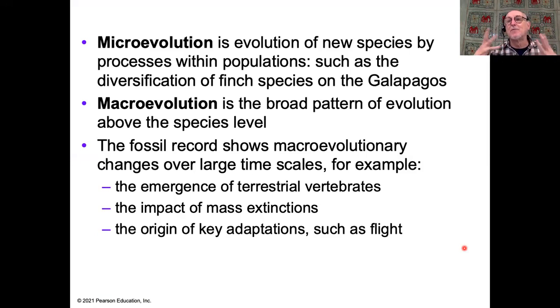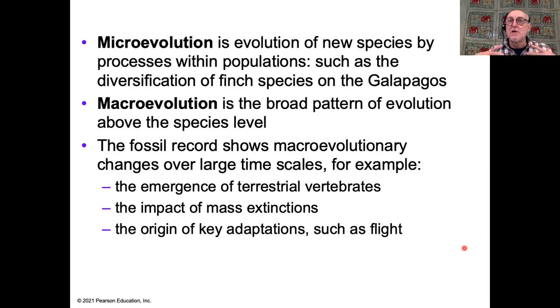Macroevolution is the broad pattern of evolution above the species level. When you talk about things like Darwin's finches evolving on the Galapagos, those we refer to as microevolutionary processes, basically how species evolve within a genus, say, or how species differentiate from one another.